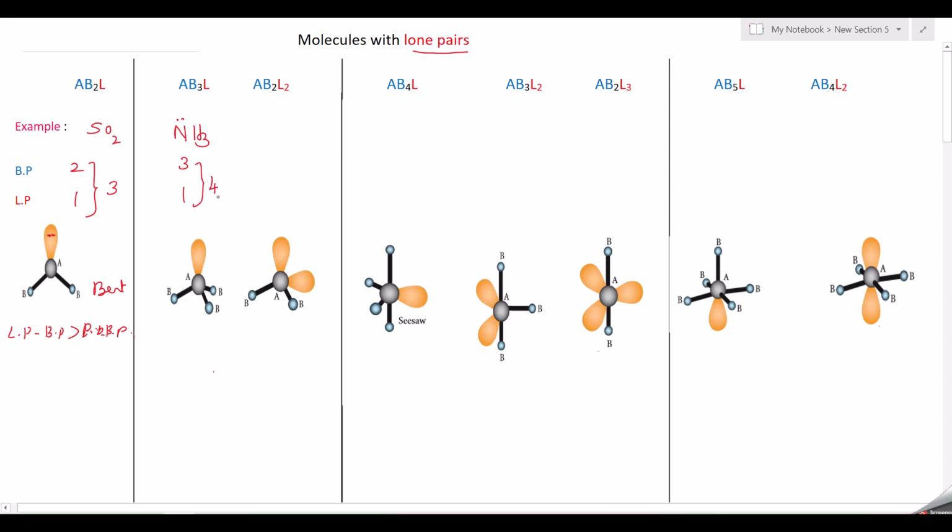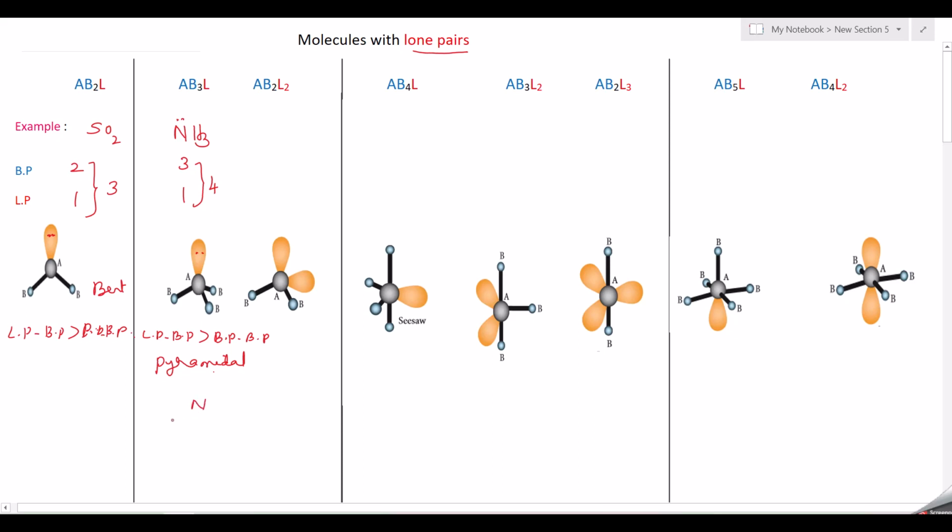So the expected geometry is tetrahedral, but the lone pair will interact with the bond pairs, so we have lone pair-bond pair repulsion which is greater than bond pair repulsion. So this geometry will get distorted and you are getting a pyramidal shape instead of tetrahedral.